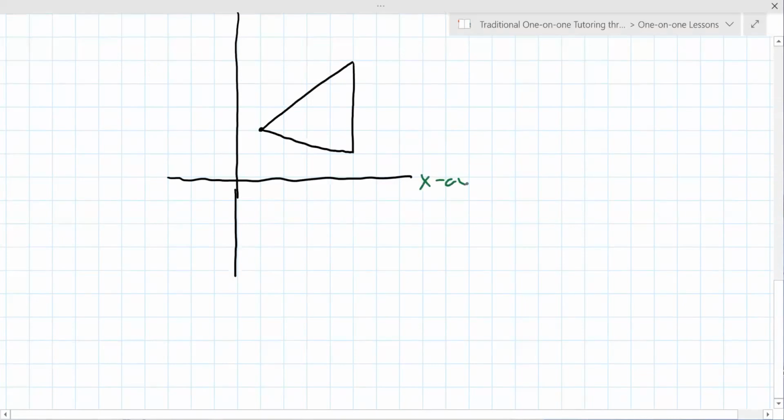You literally grab that corner and ask how far away it is from the x-axis. Well, it's 1 away. Do you see that? And then this is 2 away. 1, 2, and then 1, 2, 3, 4, 5, and then you connect it.